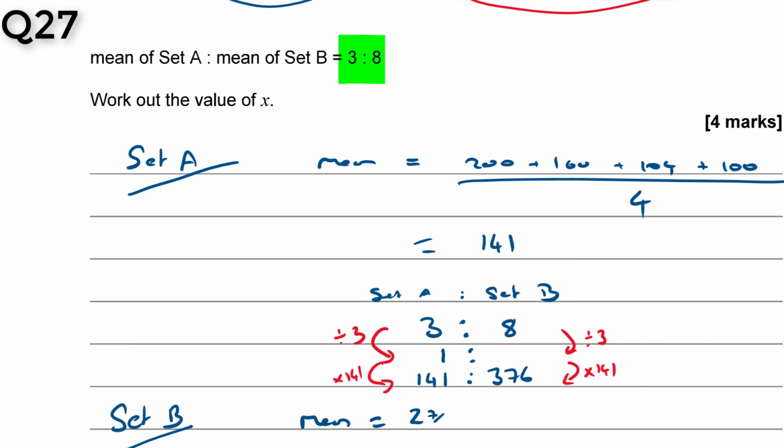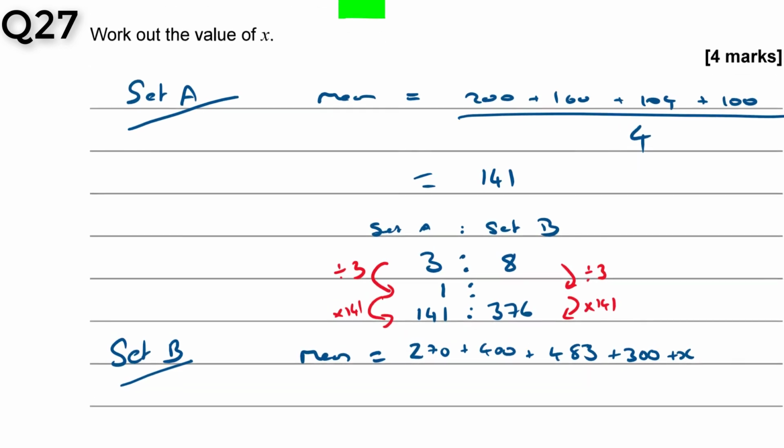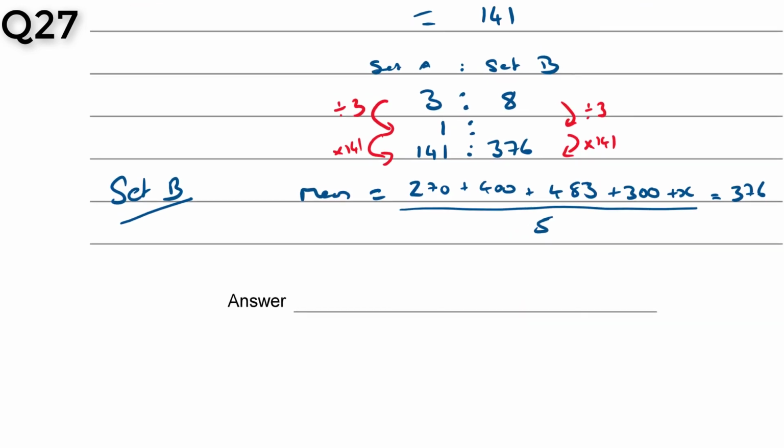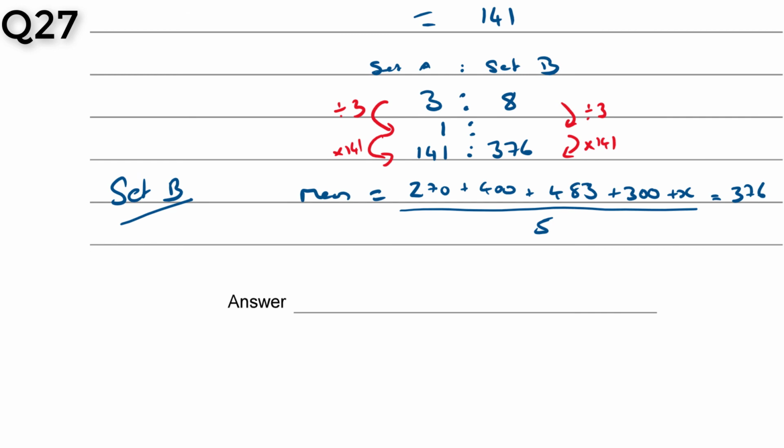So 270 plus 400 plus 483 plus 300 plus x. Then to find the mean, we would divide all that by 5, wouldn't we? But we know that that already is equal to 376.